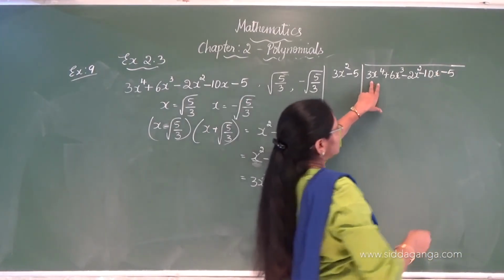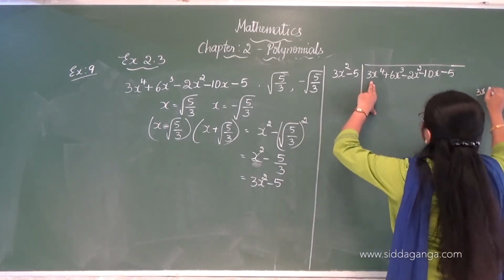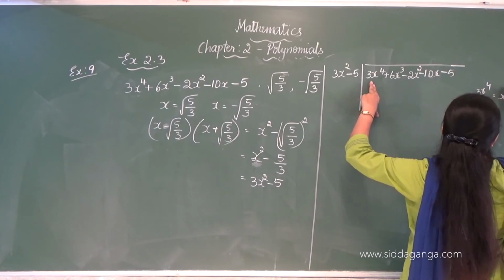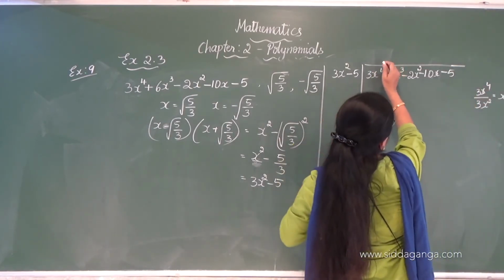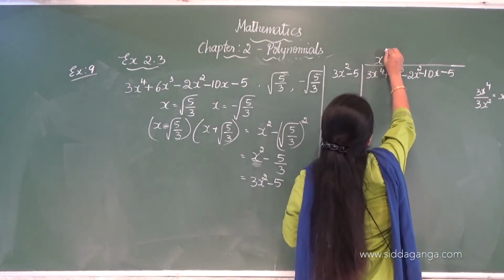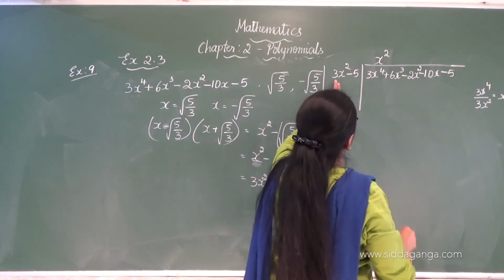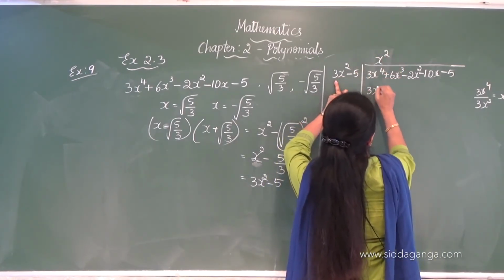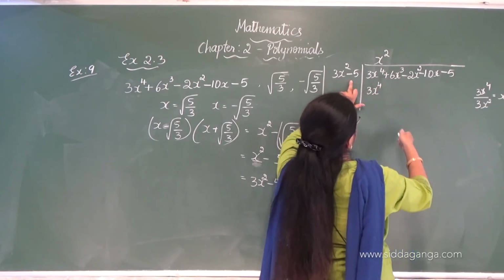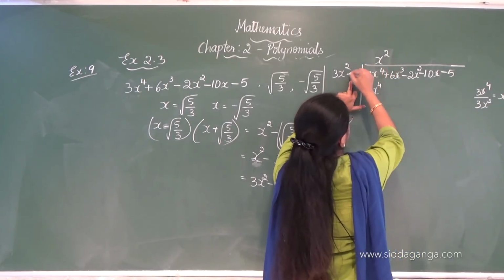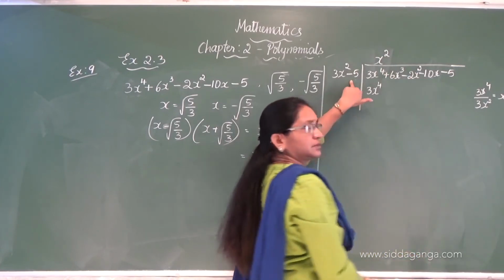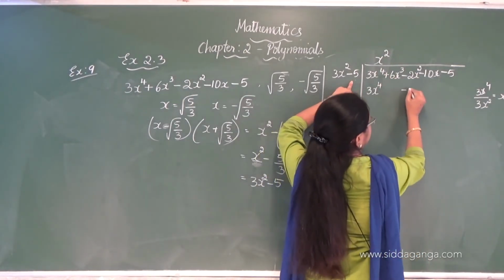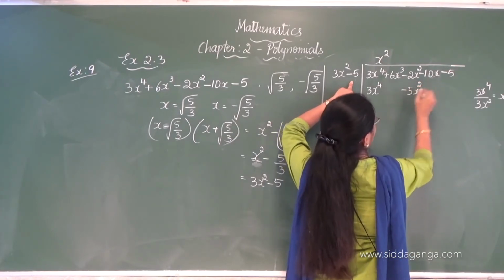Now, 3x⁴ by 3x² will give you x², so the first term is x². Then 3x² into x² is 3x⁴, and x² into minus 5 is minus 5x².